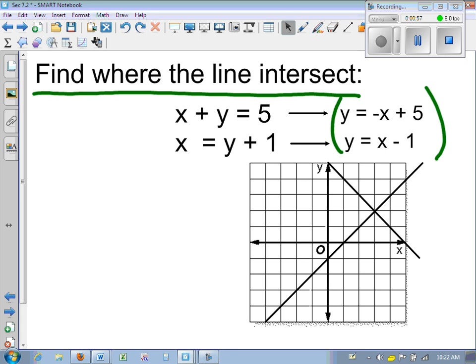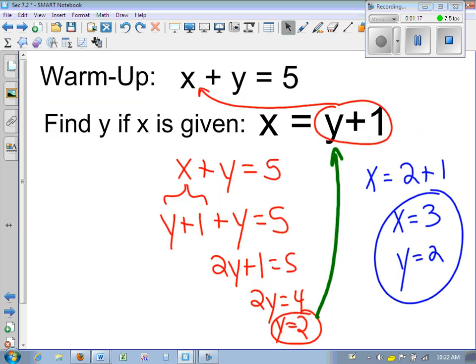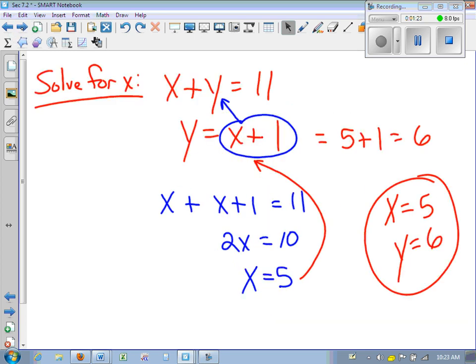And we can see, if I graph them both, slope of -1, y-intercept of 5, slope of 1, I can see where they intersect right here, which is 3, 2. Which is the same answer I got back here. Different way of solving the same problem, different method. Okay? So that's what we're looking at here.